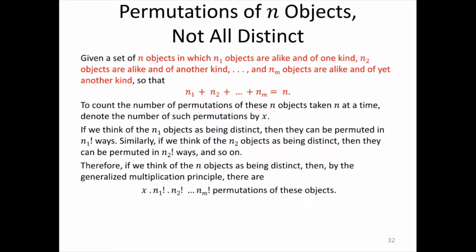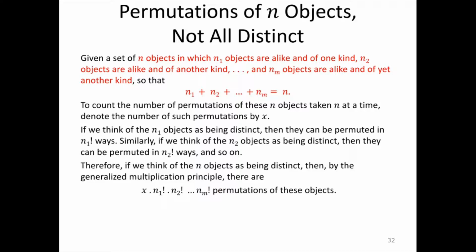So if we count the permutations of the n objects considering them distinct, it will be x times n1 factorial, n2 factorial, and so on until nm factorial.